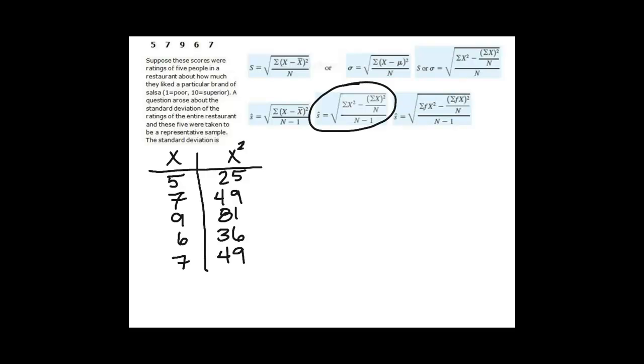Now we're going to add these guys up. The sum of the observations is 34, and the sum of the squared observations is 240. Now to get them into the formula under the radical in the right places. S hat is equal to, big square root sign, give myself plenty of room.